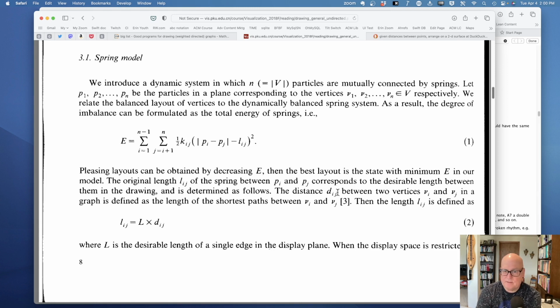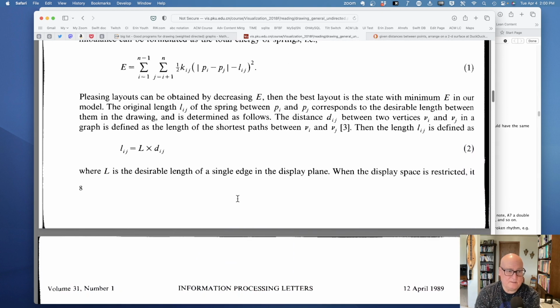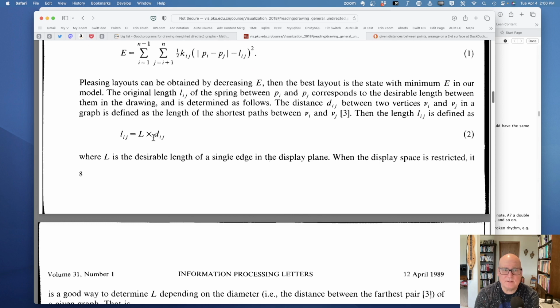Distance between two vertices in a graph is the length of the shortest path. I don't think we're going to worry about shortest path per se, where L is the length of a single edge. So they're just scaling that there.